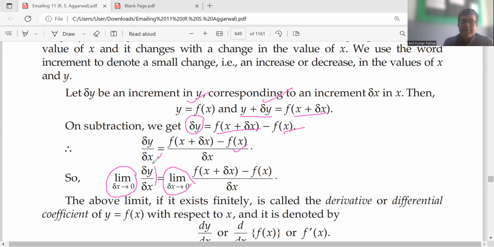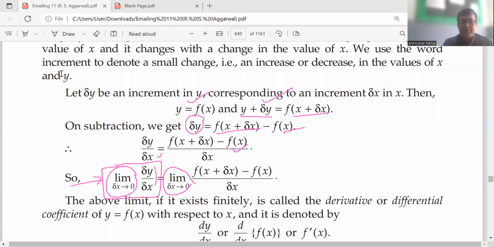So this is the limit of delta y by delta x, where delta x is tending to 0, and this is defined in mathematics as dy by dx. So our formula becomes dy by dx equal to limit of f of x plus delta x minus f of x divided by delta x, with delta x tending to 0. I hope it is clear.